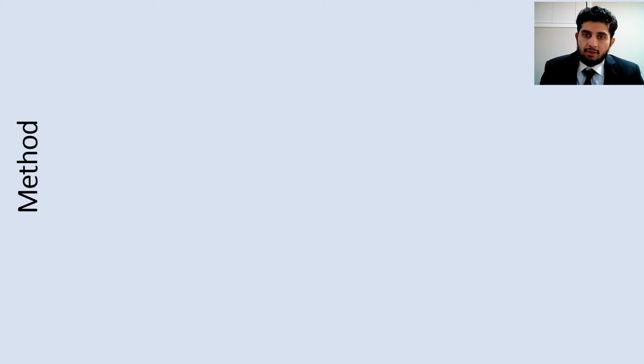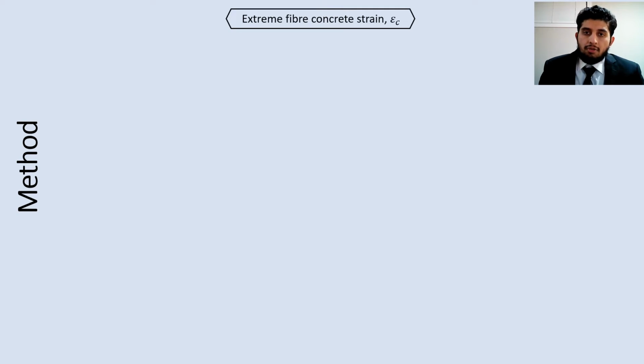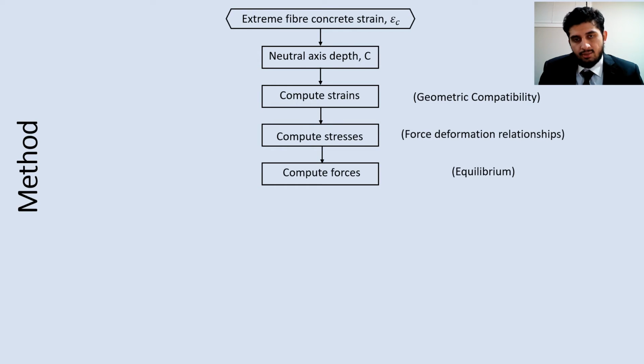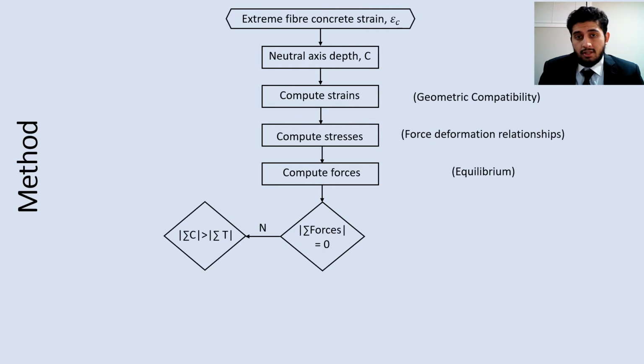As for the method for computing moment curvature, for a given extreme fiber strain, we compute the neutral axis depth, and from there we can find the strains, the stresses, as well as the forces in the concrete, which is the compressive force, and in the steel, which is the tensile force. We sum them, and if we find that the force is not equal to 0, then we check if the compressive force in concrete is smaller than the tensile force in steel.